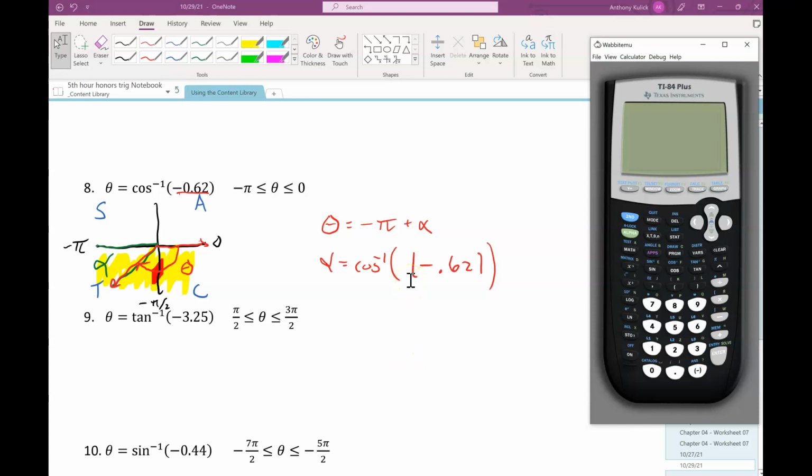Always. The alpha is always an absolute value. And the reason for that is because the alpha is a standard position angle. It is just an angle measure. So you want your first coordinate value always positive for that. If that makes any kind of sense.